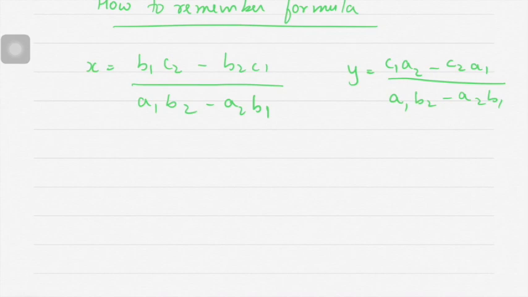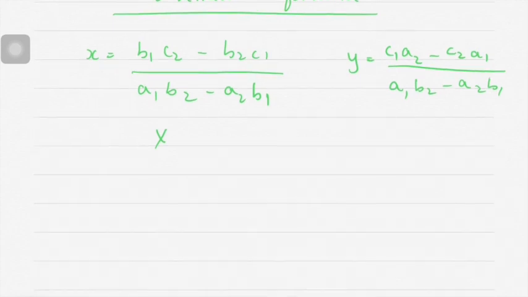Okay, let's study how to remember the cross multiplication formula. Now for x, the constant of x is A, right? So for the formula of x you have to forget A. So for x you only see B and C. So there is B1, B2 and C1, C2.